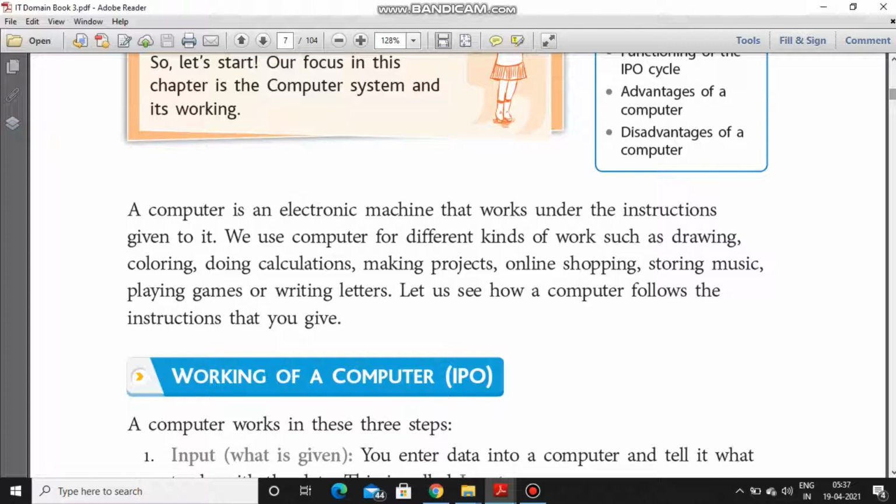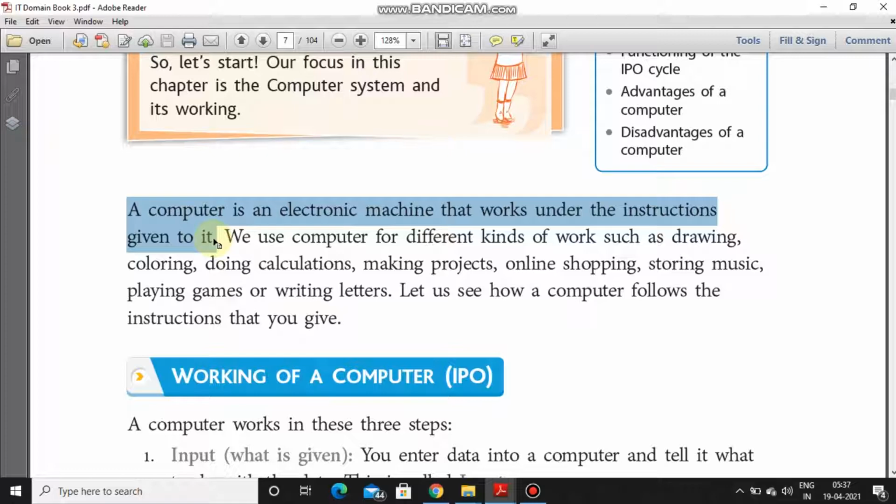As we know, a computer is an electronic machine which is capable of performing actions, doing calculations and processing on the basis of the instructions or commands given to it, and these commands or instructions are given by the user.